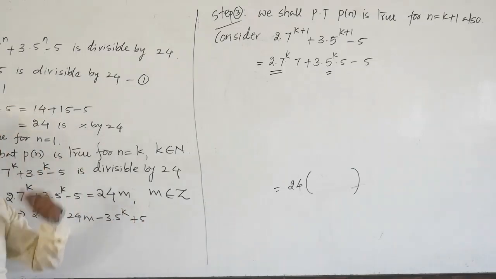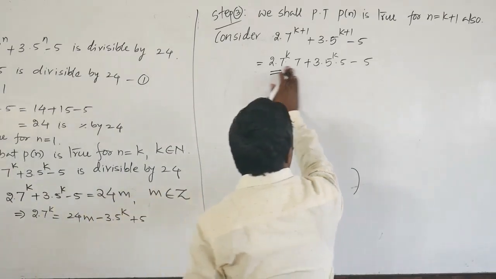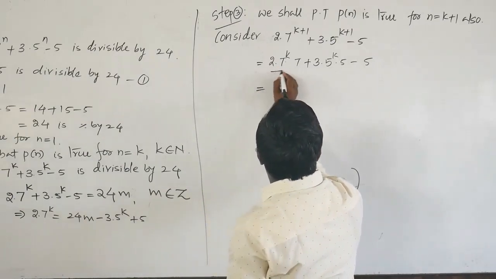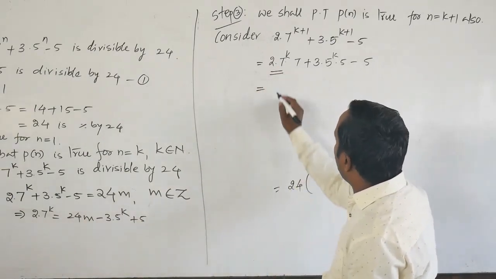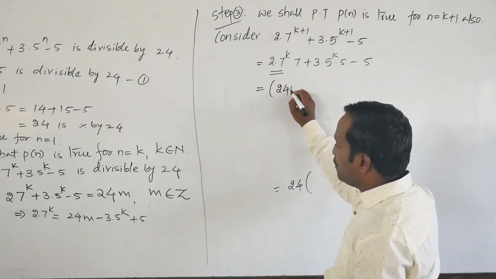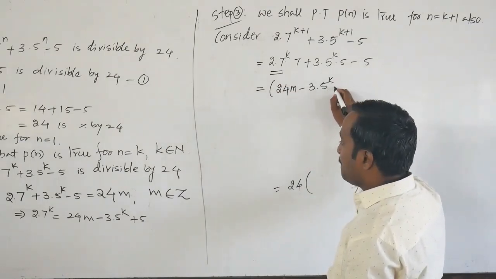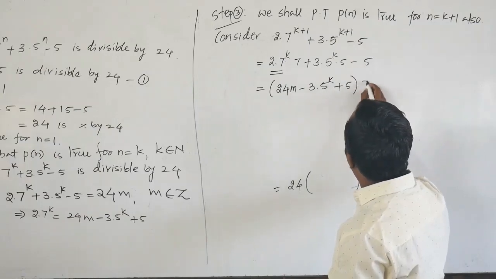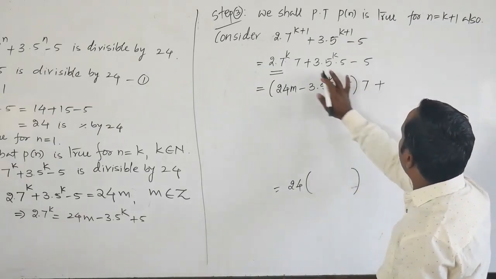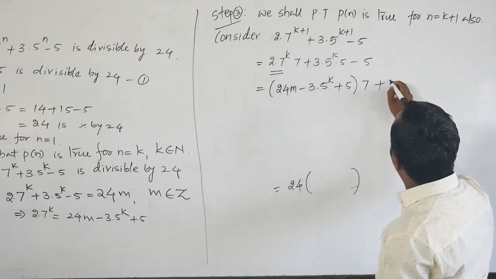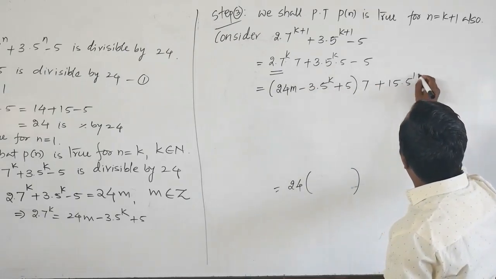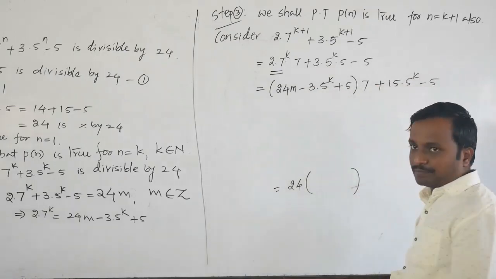So 2 into 7 raised to k can be written as 24m minus 3 into 5 raised to k plus 5, into 7, plus 3 into 5 is 15, into 5 raised to k, minus 5.